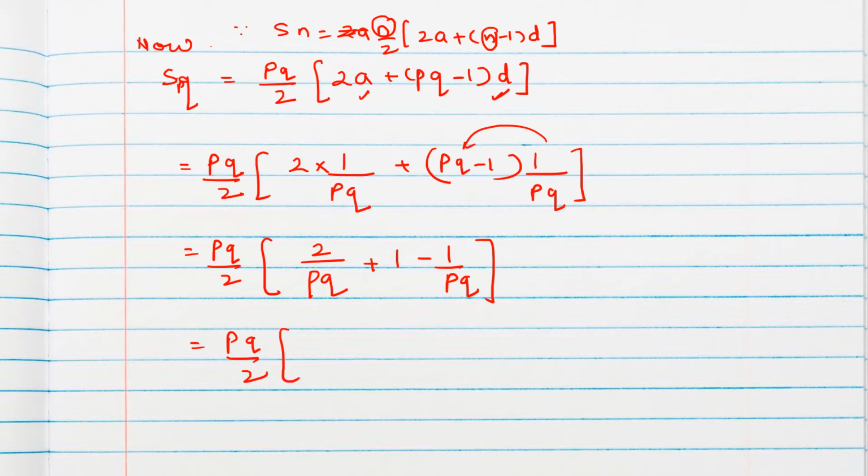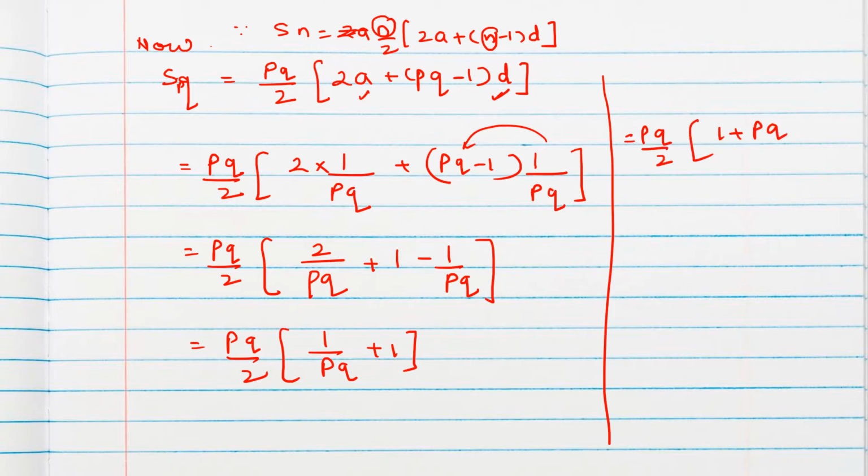Now 2 by PQ minus 1 by PQ will give 1 by PQ plus 1. Cross multiply inside the bracket. So 1 plus PQ by PQ will come. But this PQ we can cancel. So the answer will be PQ plus 1 divided by 2. This is the sum of the first PQ terms.